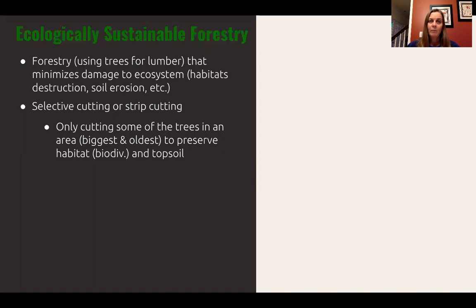It frequently means harvesting only a certain number of trees of each species in order to preserve the biodiversity of the habitat. Also, by only cutting some of the trees, it does preserve the topsoil because you leave some of the root structures in place to prevent erosion.